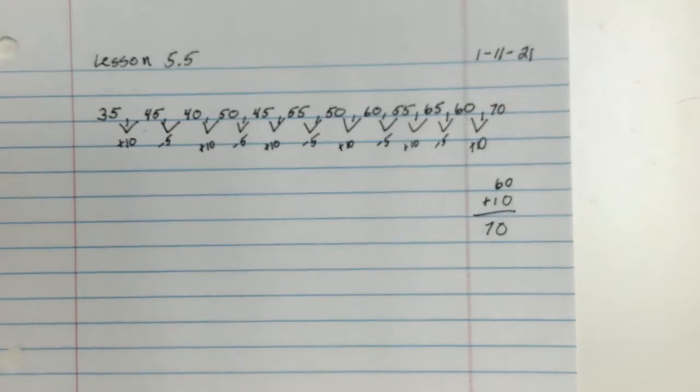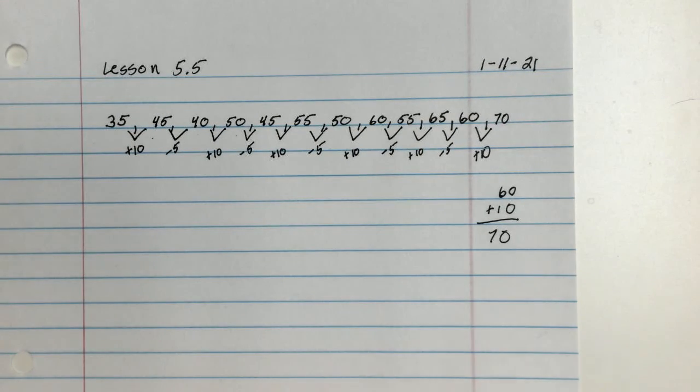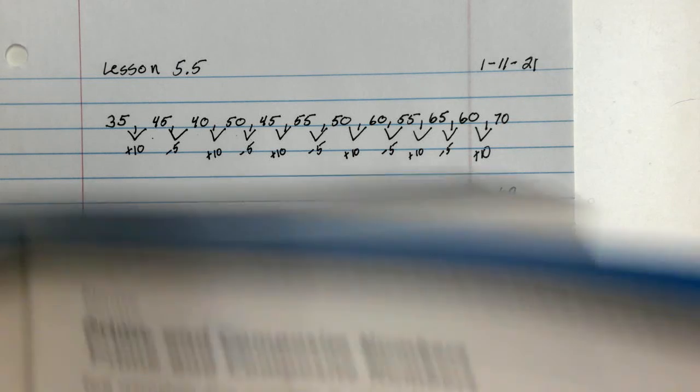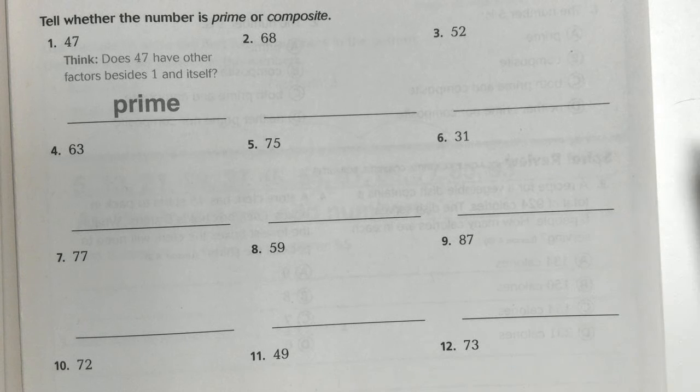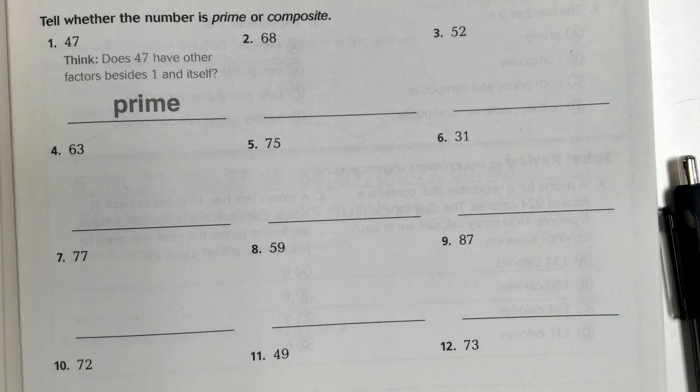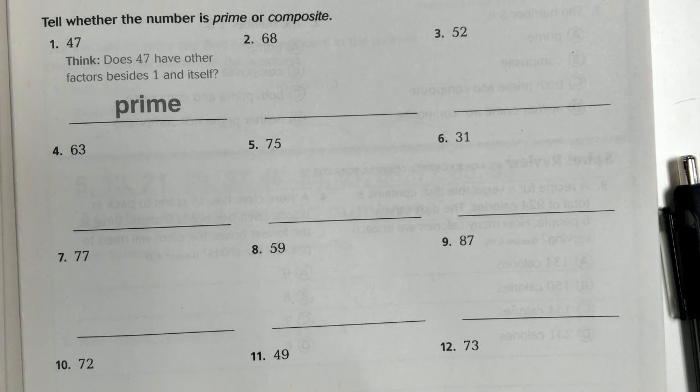All right, good job. All right, so today we are talking about prime and composite numbers. Now we've already talked about prime and composite numbers, right? So you can tell me what a prime number is. What is a prime number? Zanaya?